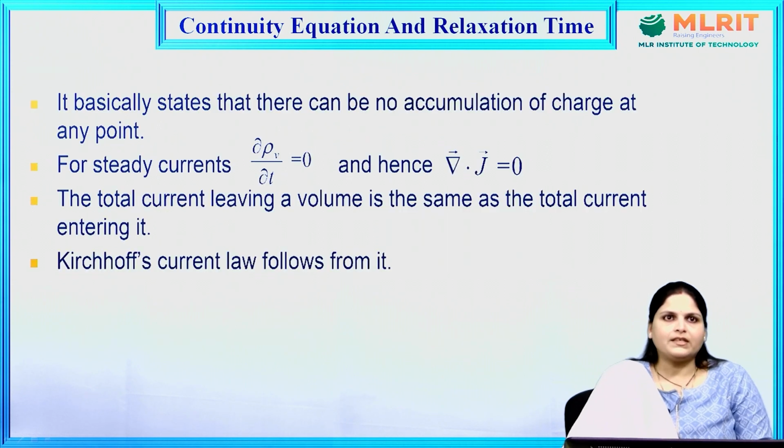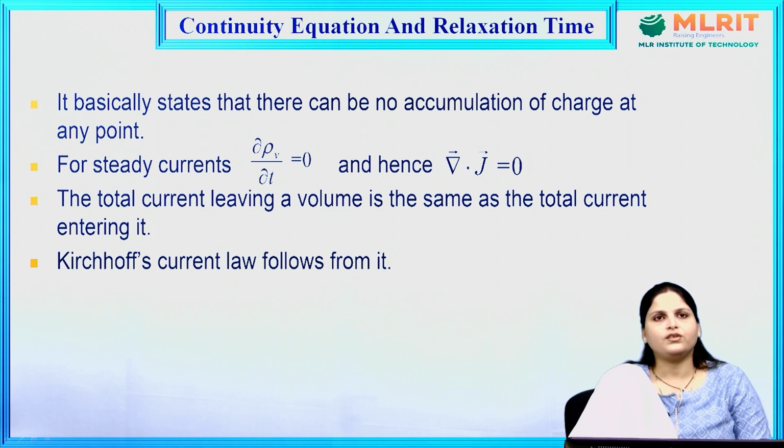It states that there can be no accumulation of charge at any point. Also, for steady currents ∂rho v by ∂t is equal to 0, meaning divergence of J is equal to 0. The total current leaving a volume is the same as the total current entering it, so it follows Kirchhoff's current law.